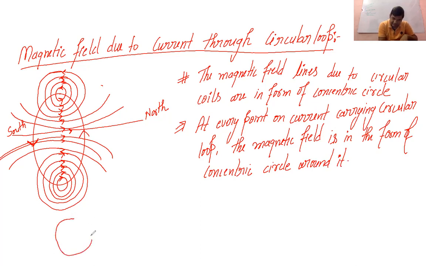Suppose this is a current carrying loop and you are seeing that the current is flowing in this direction. So if current is flowing like this, this is the direction of current, and here this is the direction of current. So here the current is flowing in which direction? This is your anti-clockwise.